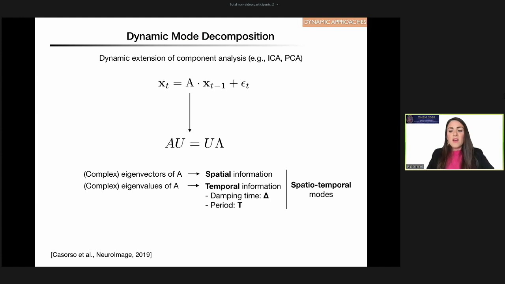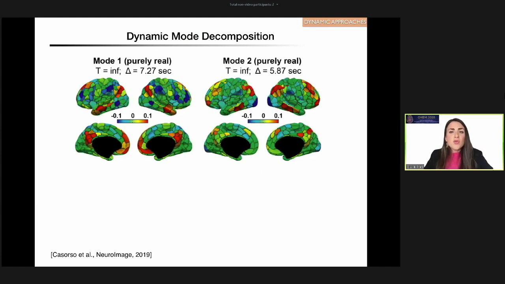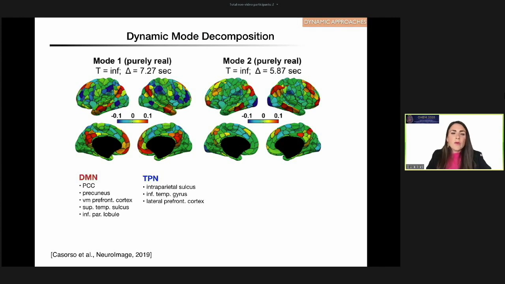For example, we can look at the first two modes obtained in the paper by Casorso et al. in 2019, and these two have different temporal properties. The first one contrasts two very well-known resting state networks, the default mode network and the task positive network.